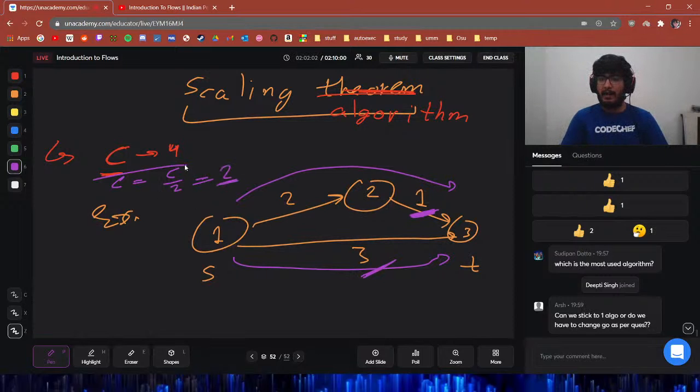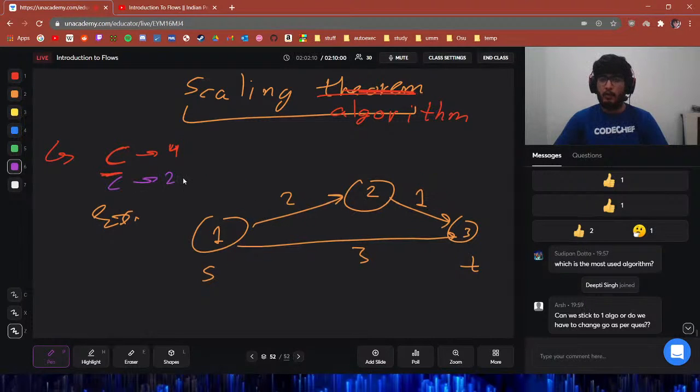Now I'm trying to find paths of size 2. So c is now equal to 2. I just halved that value. If it's odd, you can select either the floor or ceiling function. Better to select the floor function, but it's not going to matter which way you go.